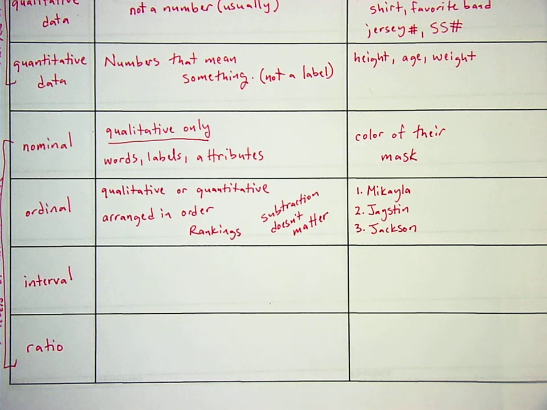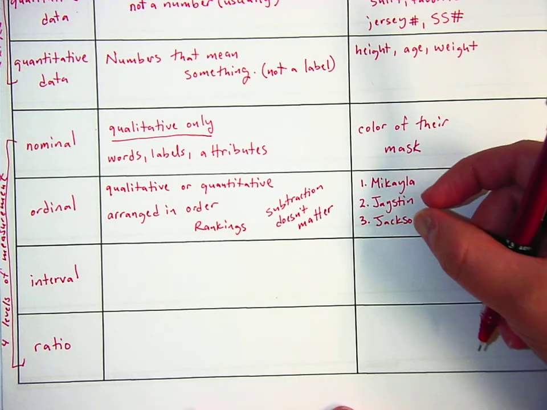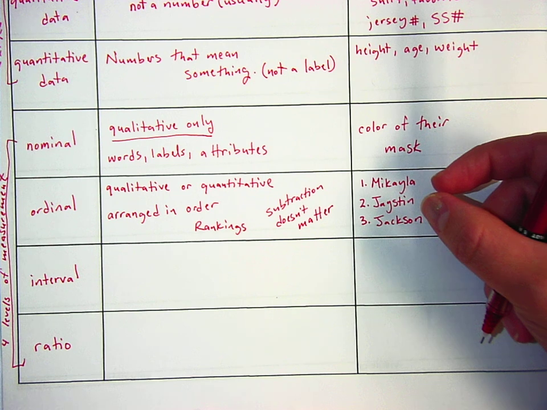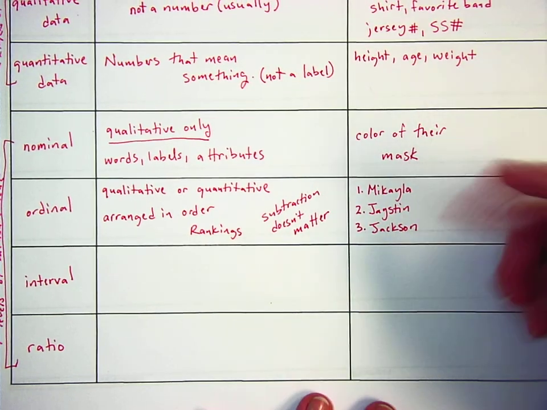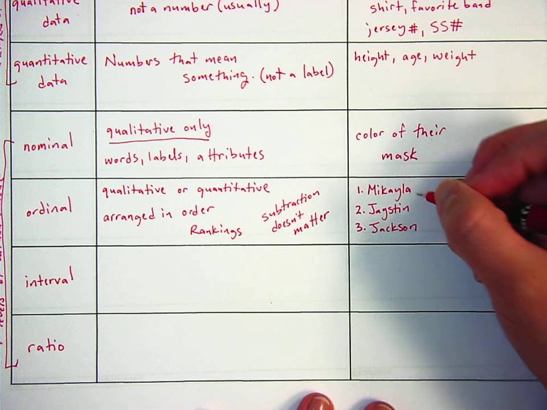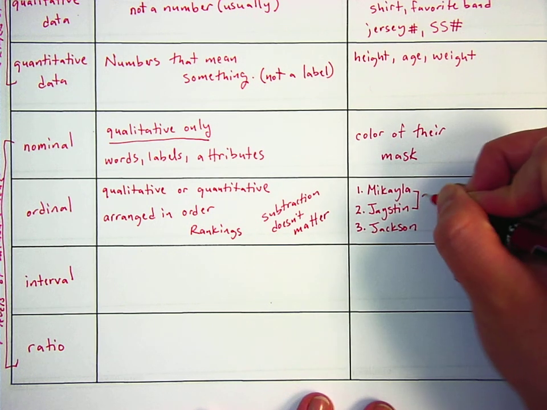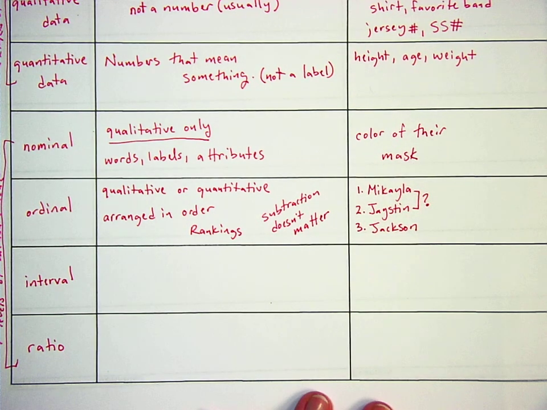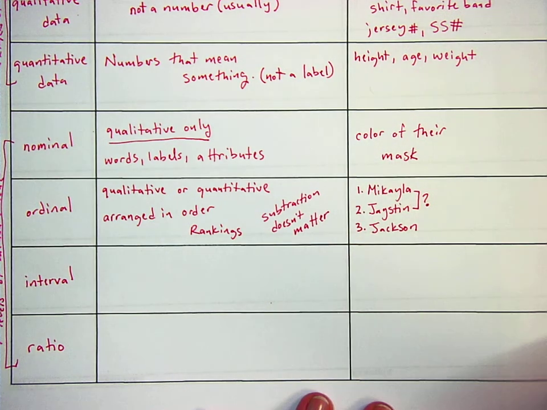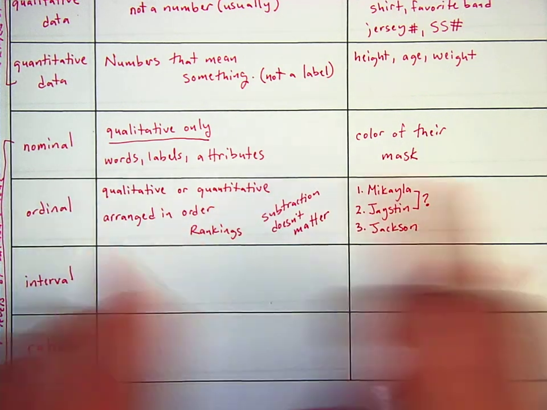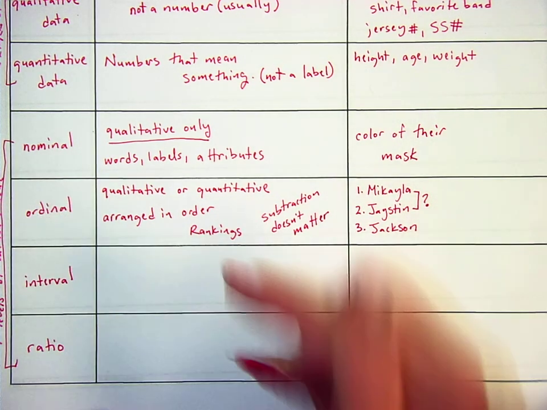She could have beaten him by a second, or it could have been 10 minutes, where she was just running and beating him no problem. Because I don't know what the difference is, the subtraction doesn't matter. If I take 2 minus 1, 1 what? Who knows? I just know what they are in order. That's called ordinal, order, ordinal.